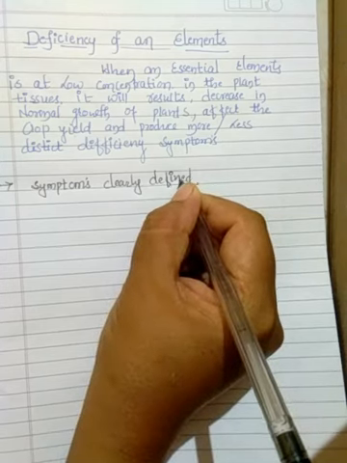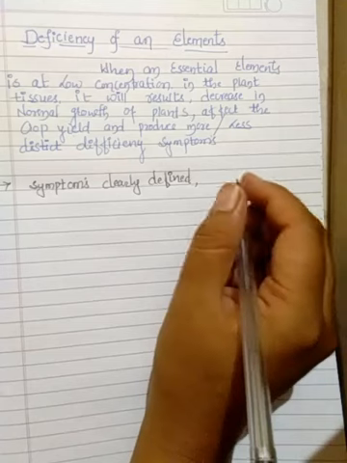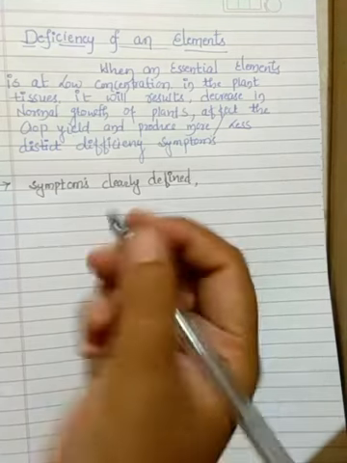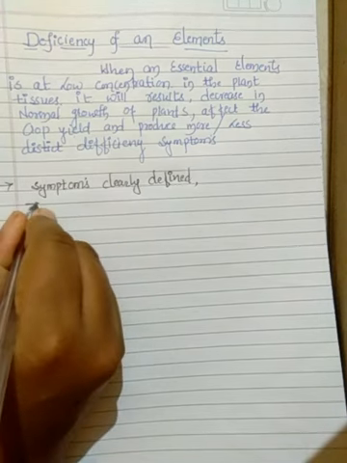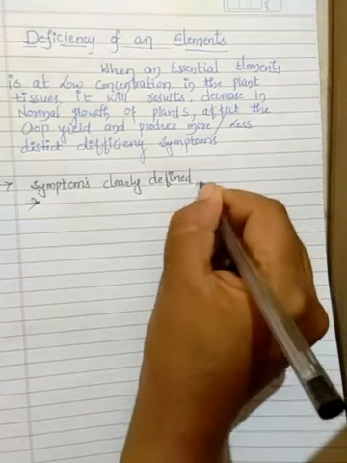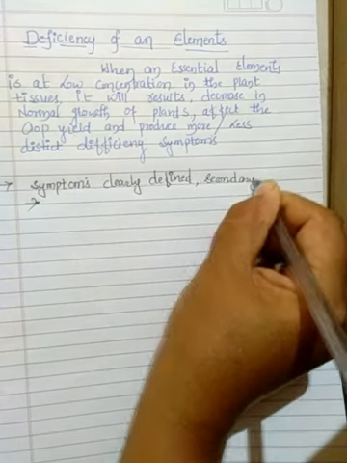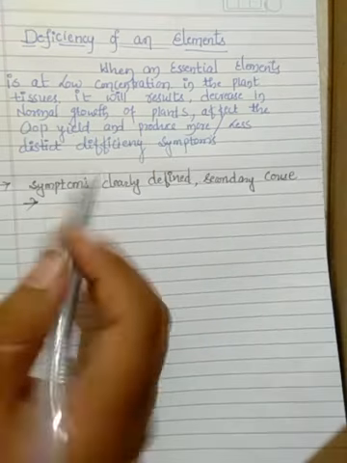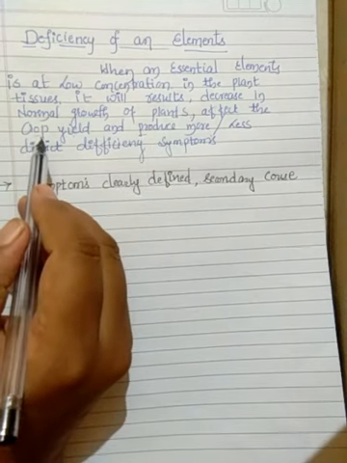It can be the effect of other nutrients also, and a secondary cause like disease symptoms, or a secondary cause of deficiency of an element, or decrease in the growth of the plant, or decrease in the crop yield.